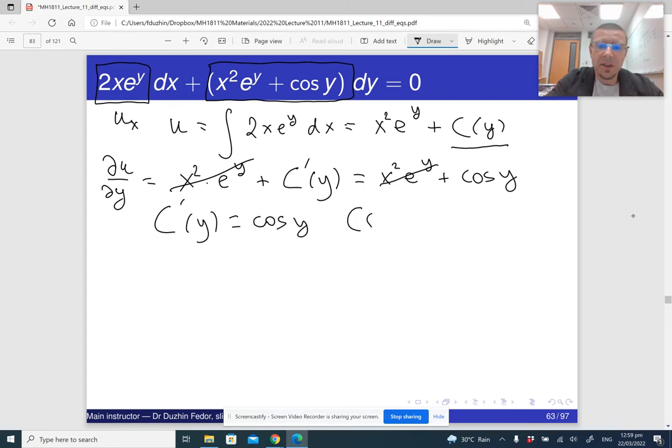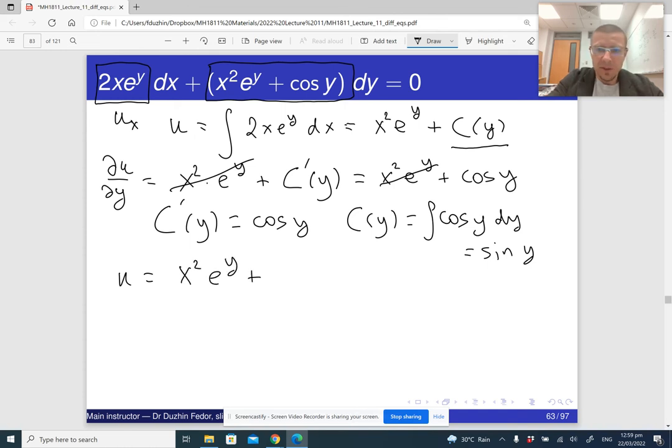Which means that c of y itself is going to be the antiderivative of cosine y dy, which is just sine y. So the answer is that my potential u is going to be x squared e to the y plus c of y, which is sine y.